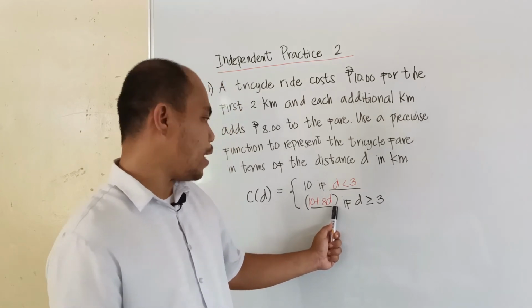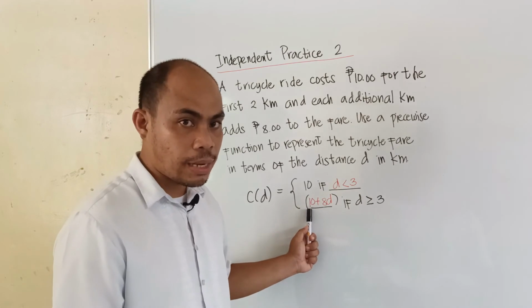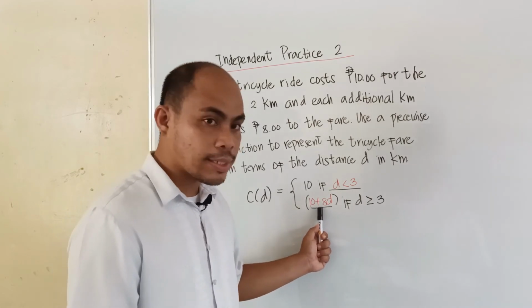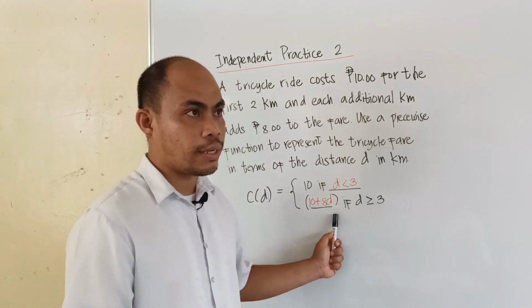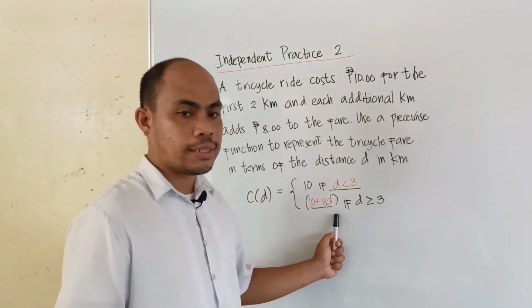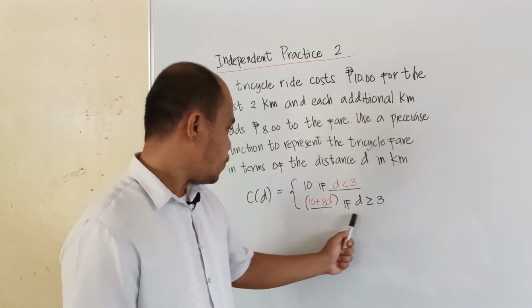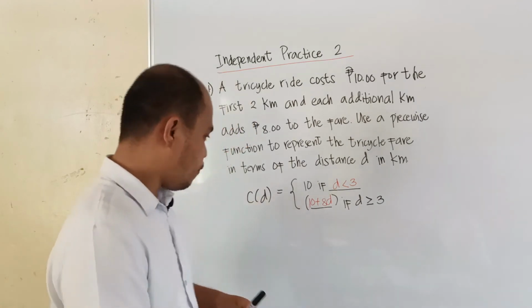So it becomes the initial 10 pesos plus 8 times the number of kilometers the vehicle traveled. So, this will be your final answer.